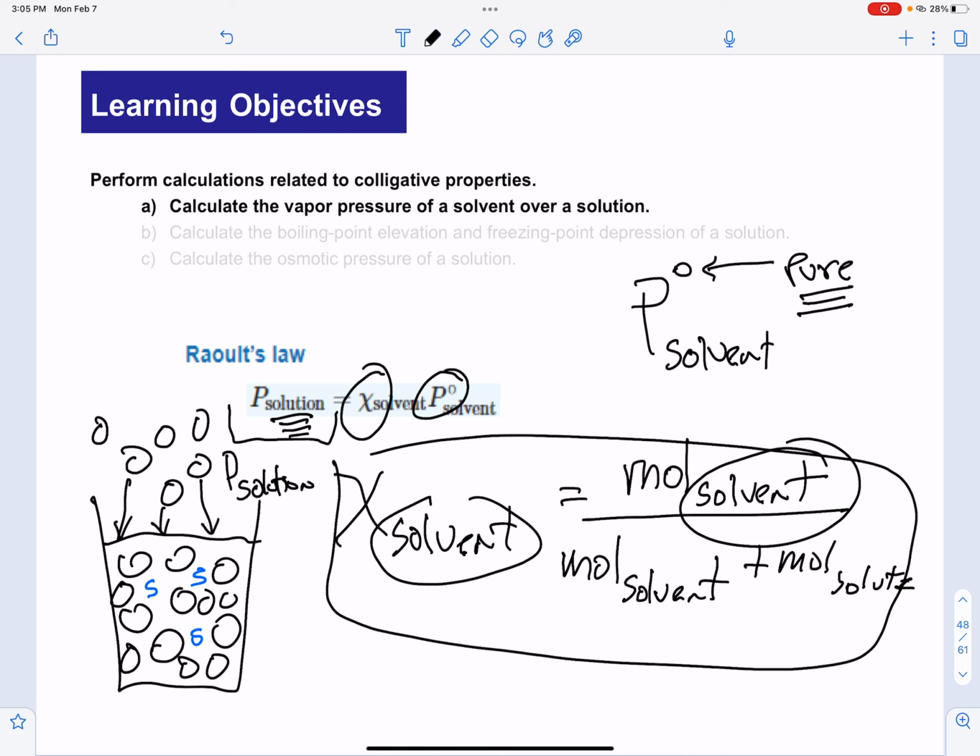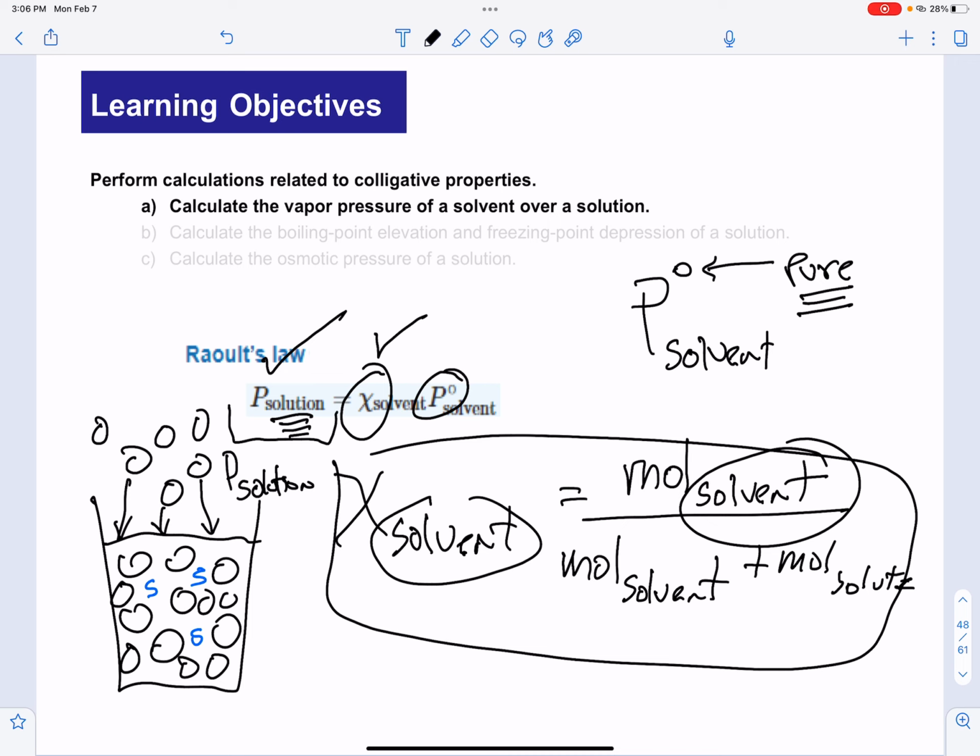So if I multiply by a bigger number, the pressure should be higher. Remember, my main goal is that you care less about plugging numbers in there, but that you understand how the formula relates to the reality, to the chemical concept. So the higher the mole fraction, that means the bigger the number of moles of the solvent, so more of them will escape just based on probability, so the higher the pressure above the solution will be.